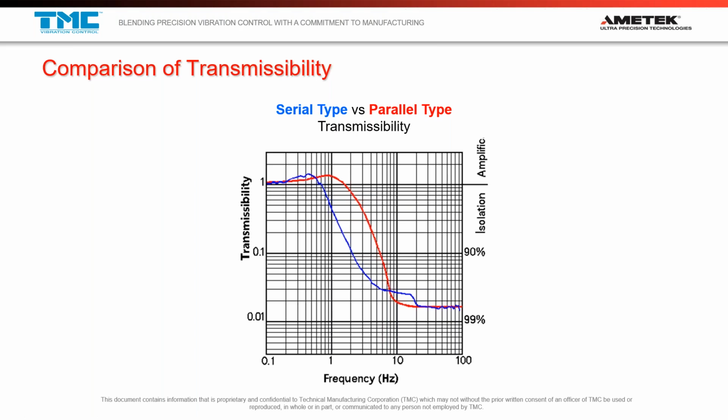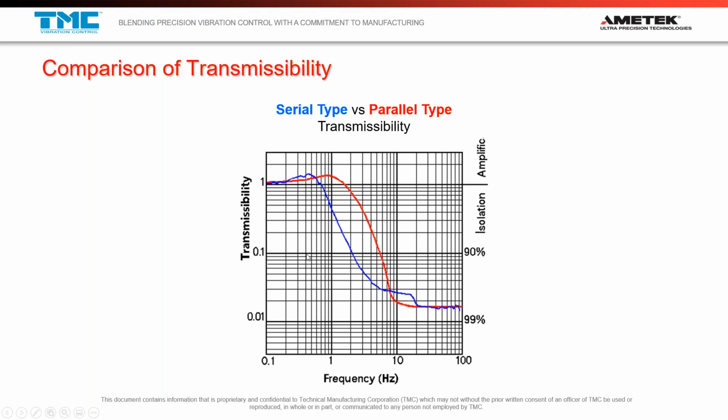Whereas what's achievable at 2 hertz with a parallel type system is far, far less, if any. So we're looking at maybe 20 or 30% cancellation. So not nearly as much cancellation available, and that's because of all the internal system resonances.